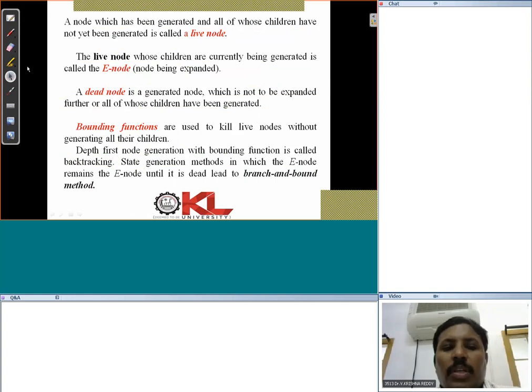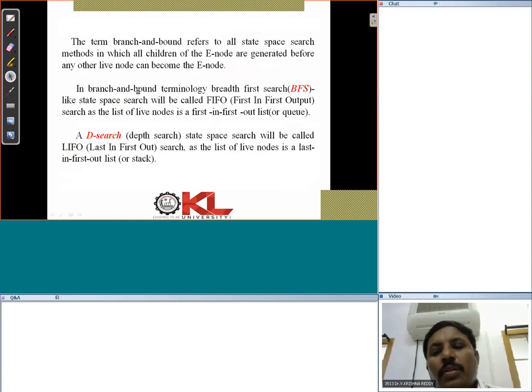Up to now, we have discussed some technical terms. If you have any doubt in these technical terms, you can type in the chat box. Otherwise, we will continue with the next definitions. Please type in the chat box. Not only doubts, if you are comfortable with these definitions, please type no doubts, or yes, concept is clear.